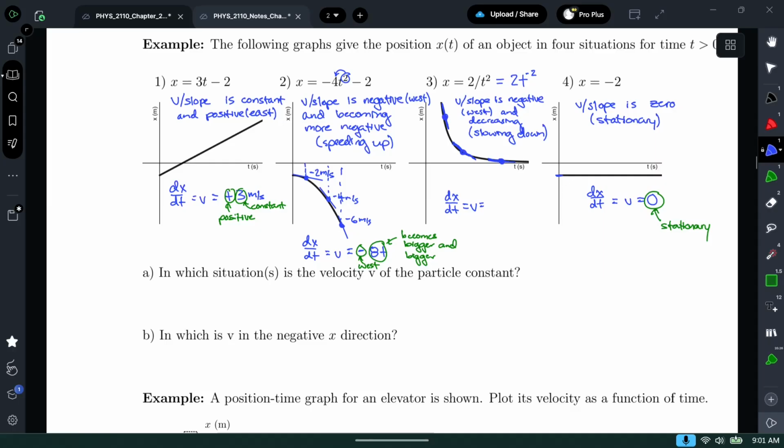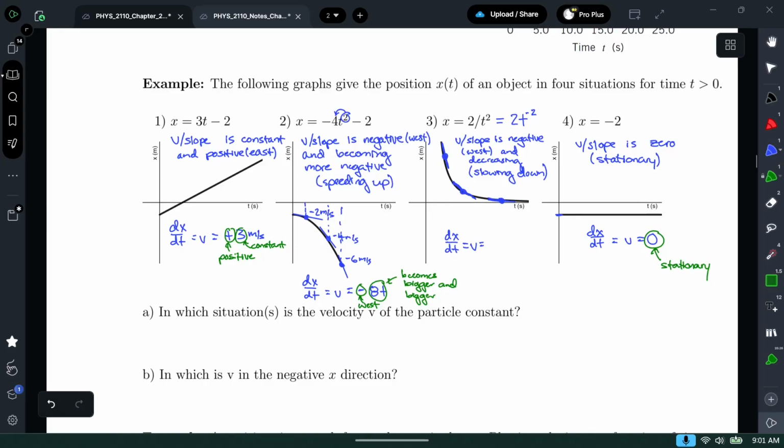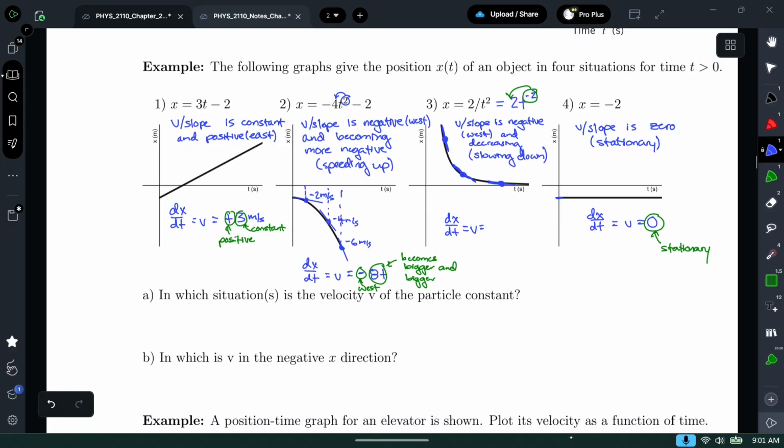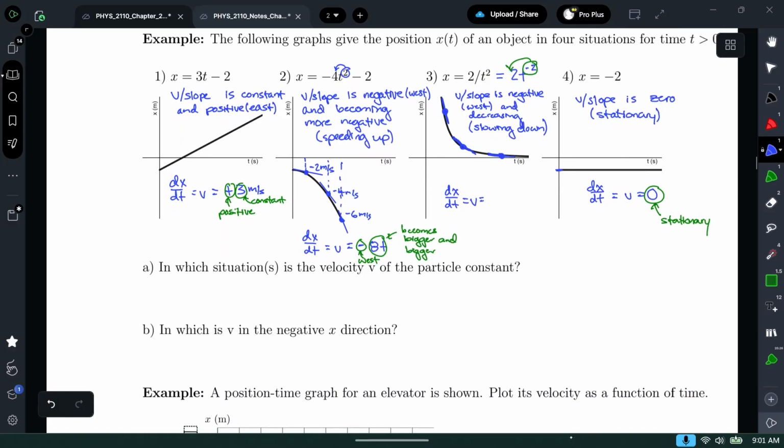You're kind of going the integration route. -4/t cubed. Yes, there it is. So we take our exponent, we bring it down. We multiply -2 by 2, that's -4, and we subtract 1. So now it's t to the -3. So this is going to be -4t to the -3, or that's -4/t cubed.